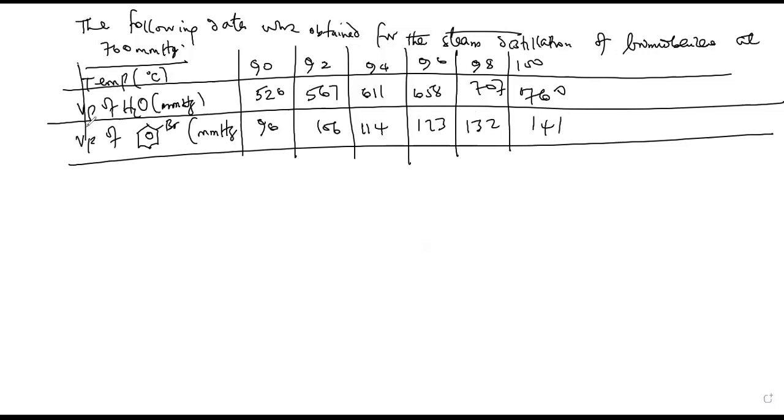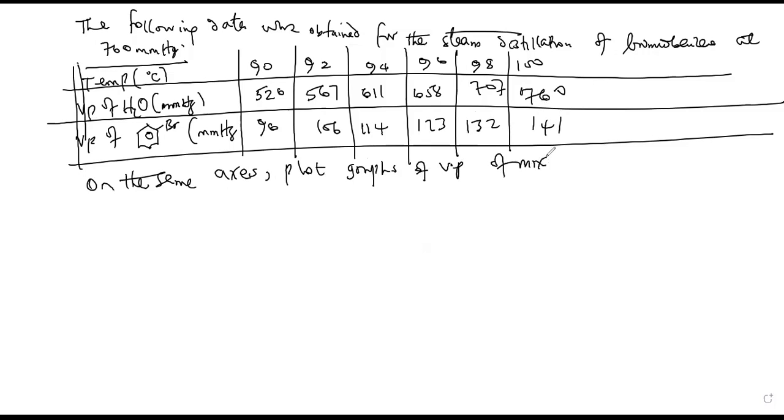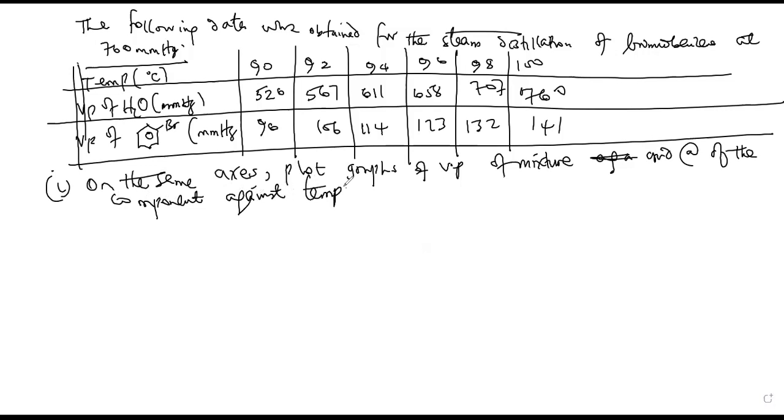The question is, on the same axis, plot graphs of the pressure of the mixture and each of the components against temperature to determine the boiling point of the mixture.